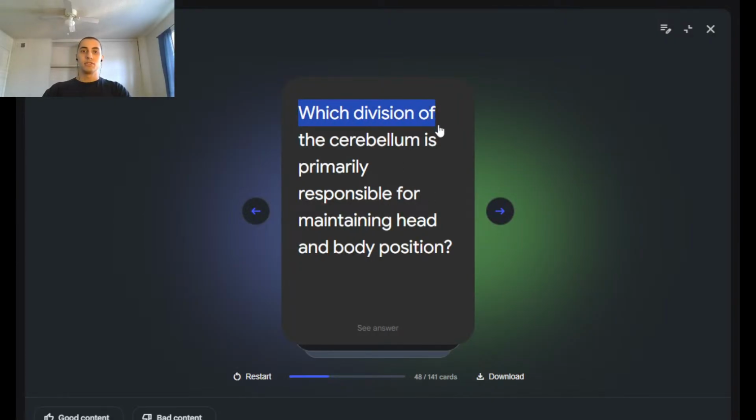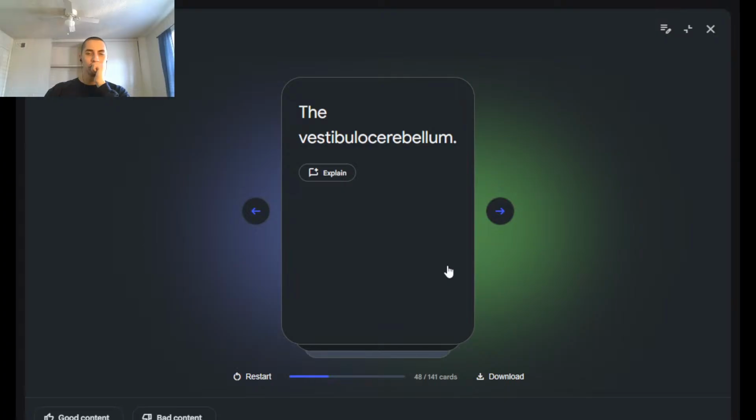Which division of the cerebellum is primarily responsible for maintaining head and body position? Vestibulocerebellum.